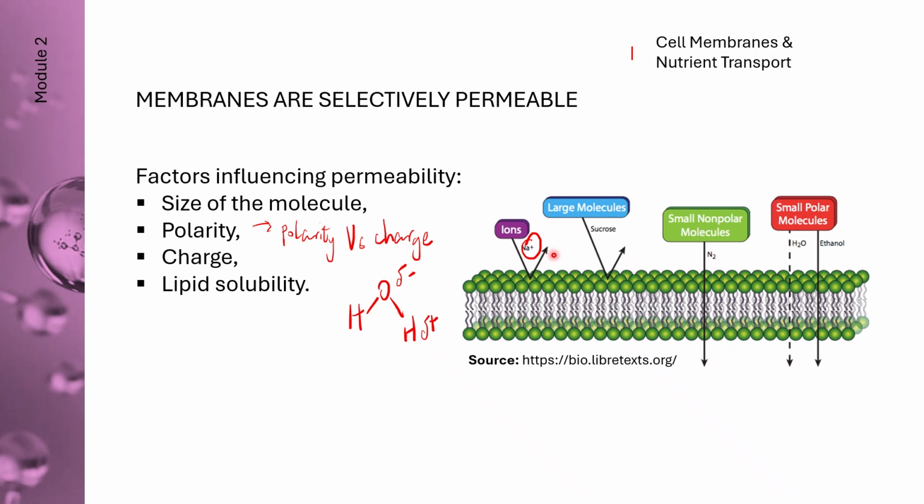For an ion to pass through the membrane, you will need specific ion channels, right? And we talked about that earlier on. And if it's soluble in a lipid, yes, it will diffuse through the membrane, aided by the lipid tails and the lipid layer of the membrane. So these are the general principles: the size of the molecule, the polarity, the charge, and lipid solubility.